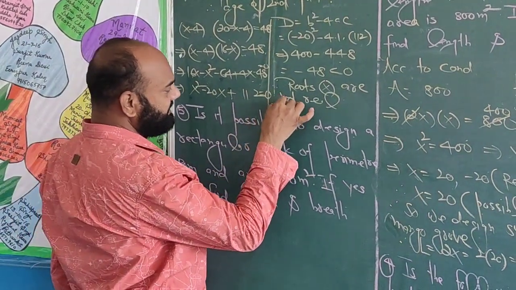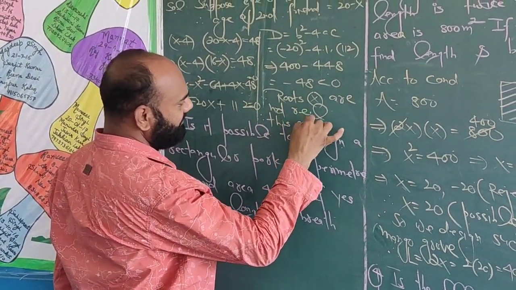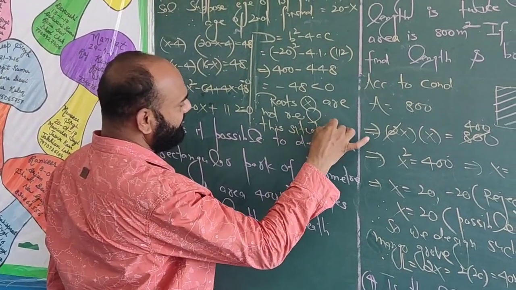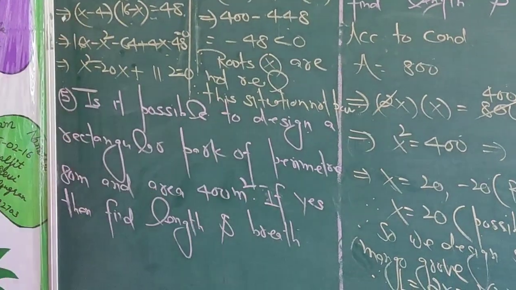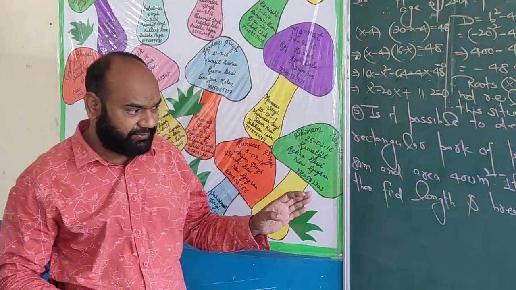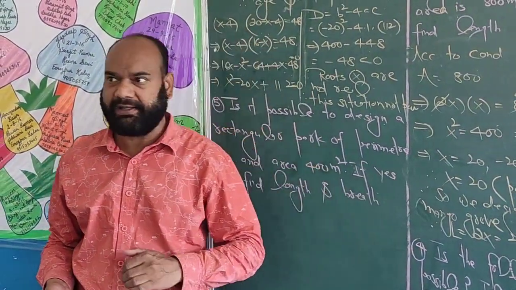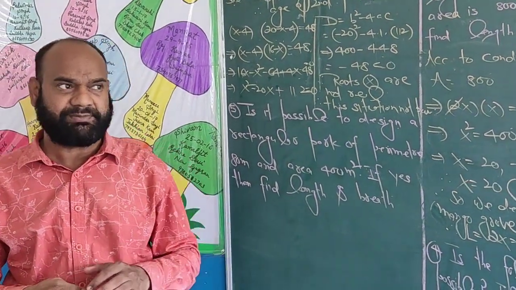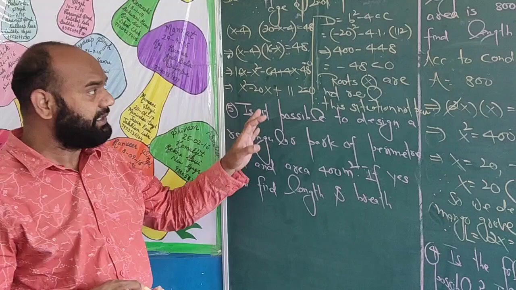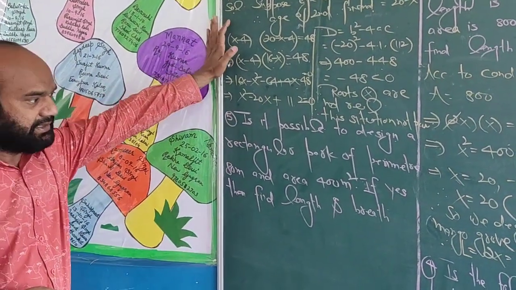This means we cannot find the ages of two friends whose sum is 20 and product of their ages before 4 years is 48. So we cannot find these types of ages.